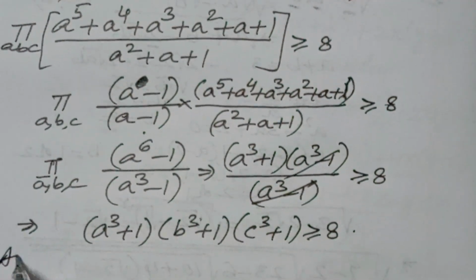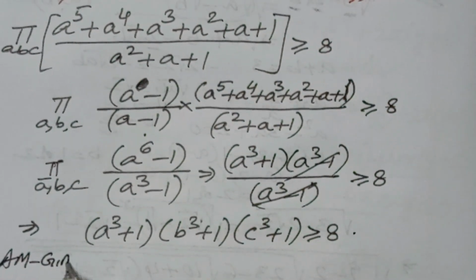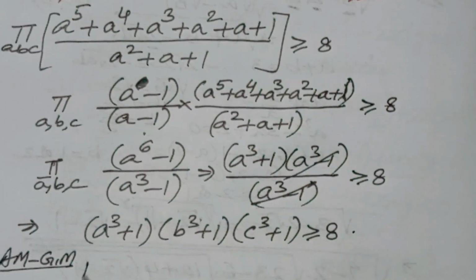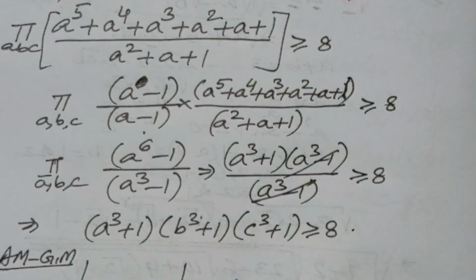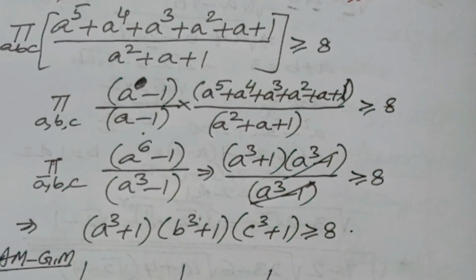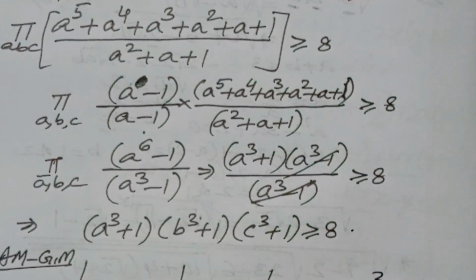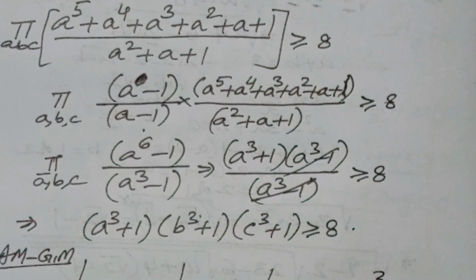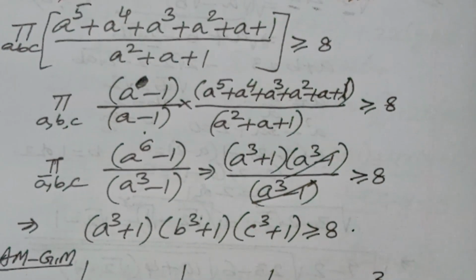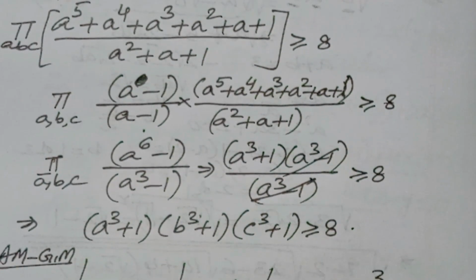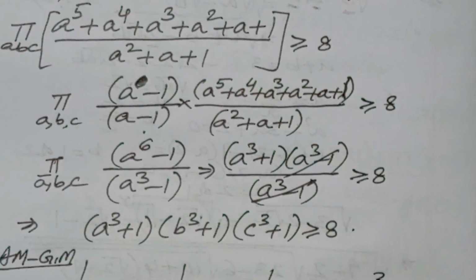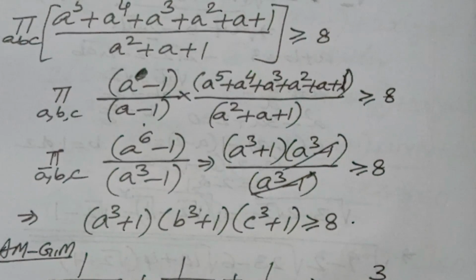Now, by applying AM-GM, 1 by a cube plus 1, plus 1 by b cube plus 1, plus 1 by c cube plus 1 is greater than or equal to 3 by the cube root of a cube plus 1 into b cube plus 1 into c cube plus 1.